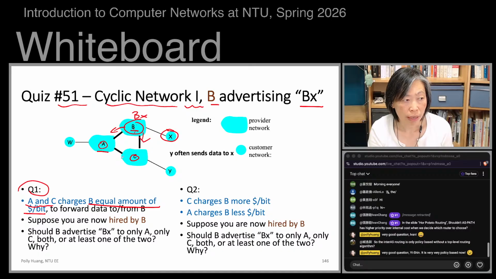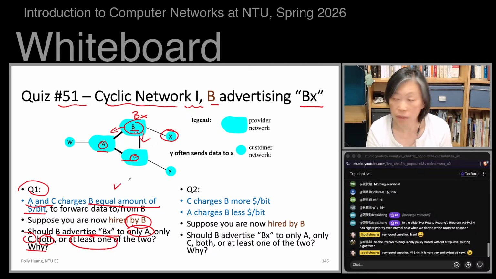Now, A and C charge B equally, so there's no difference. Now, your perspective, guys, is B. Thinking you're B, would you advertise BX only to A, only to C, both, or at least one of the 2? All right, so justify from your perspective.